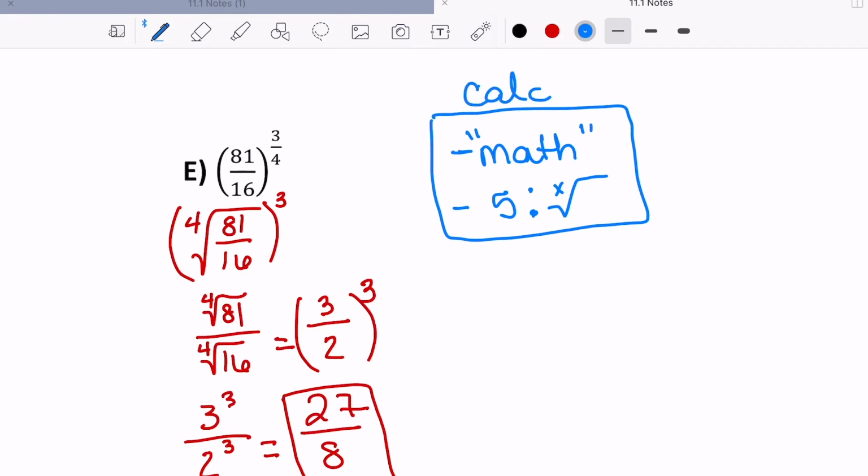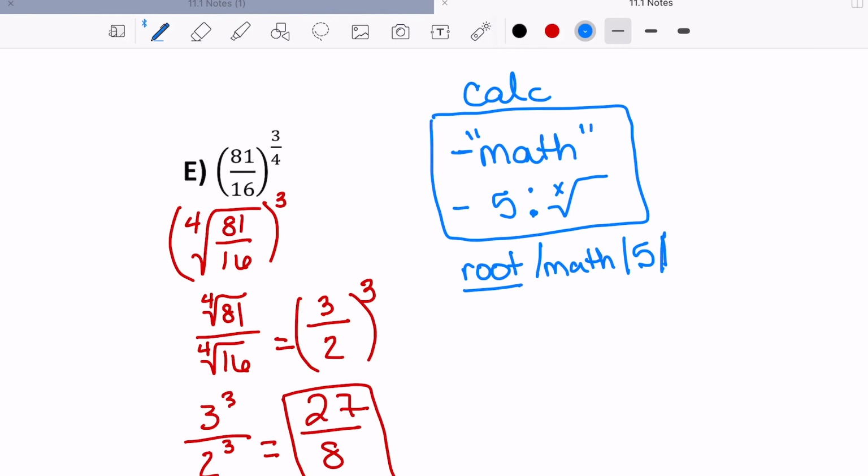When you use this, make sure that you type in the root first, then you hit math, then you hit number 5, and then you enter the rest of your problem. Otherwise it will say answer in the root or in the index, and you want to make sure that you have that entered prior to clicking the math button and then the number 5.